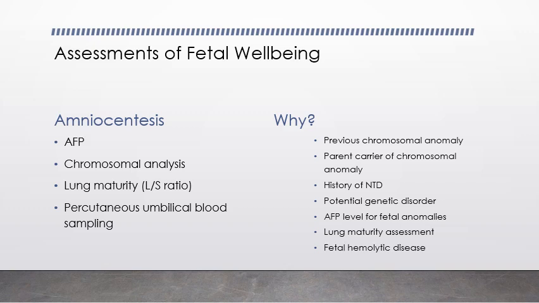They may also do an amniocentesis to check for lung maturity, and this is where they would measure an LS ratio. And finally, they may do the amniocentesis to do percutaneous umbilical cord sampling. This isn't very common.